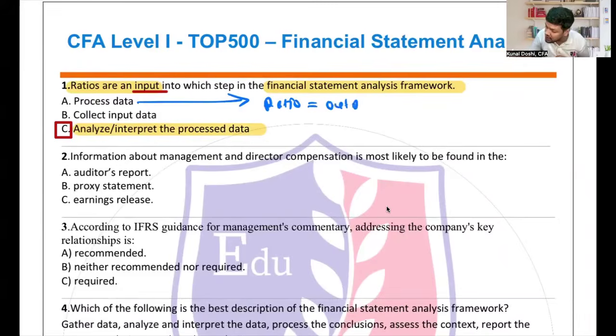The calculation after processing the report, what you get is the ratios. So the output of step number 3 is ratios. They are talking about ratios as an input, not as an output. Ratio is the input in the analysis step, where you already have the ratios, that is your input, and then you're making conclusions. Got it? Very important. It looks very easy, but an important question.